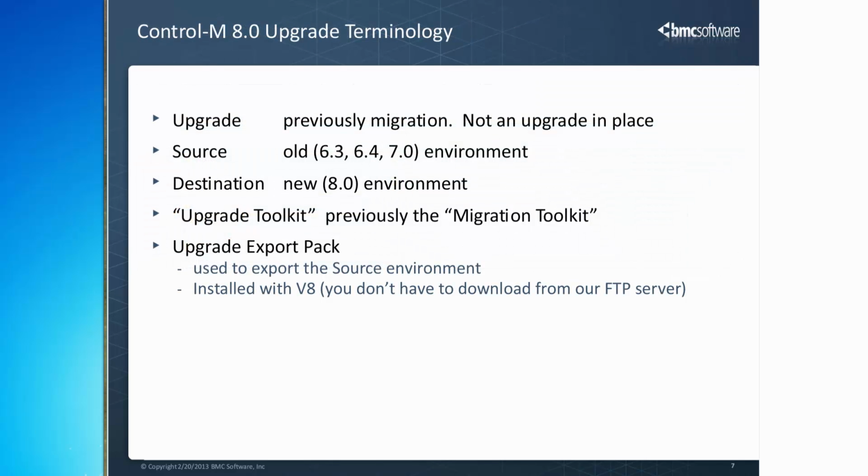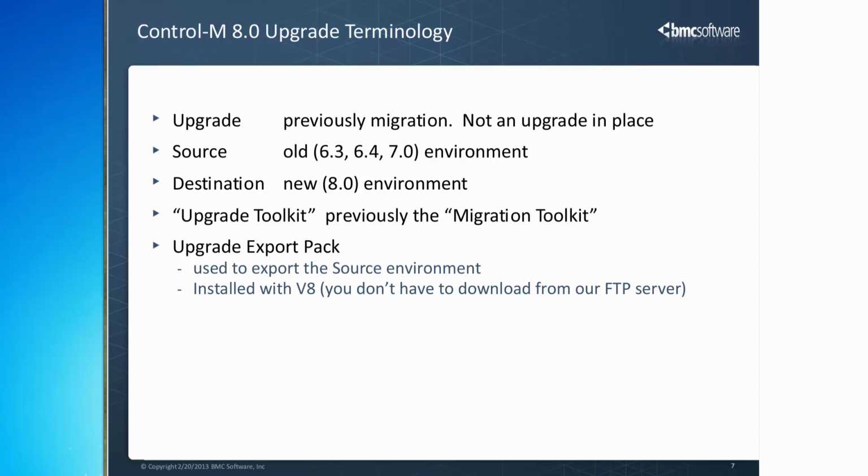In version 8, we changed some of the terminology that I'd like to go through. Previously, the process was called migration. In version 8, that process is now called upgrade. Just to note that this is not an upgrade in place where you are upgrading the software in the same directory. Our upgrade is still a process where you will be installing the new version into a new location and using the upgrade toolkit to copy your data from the old location to the new location.